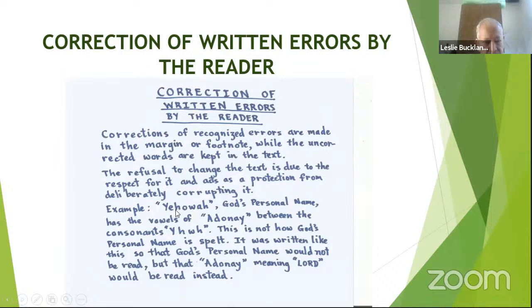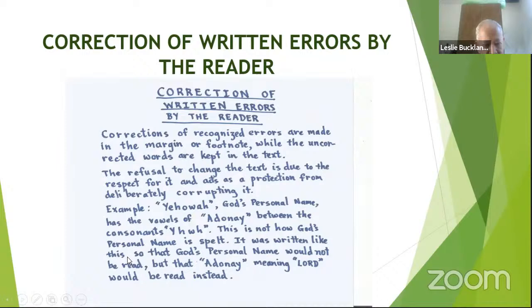For example, the Hebrew word Yehovah, God's personal name, has the vowels of Adonai between the consonants YHWH. This is not how God's personal name is spelt.